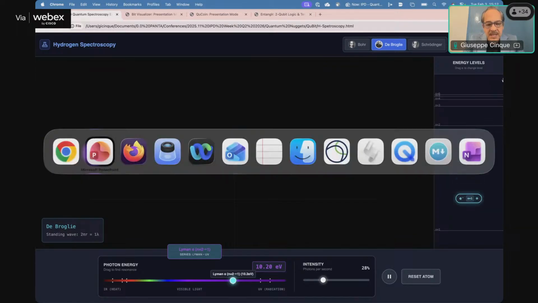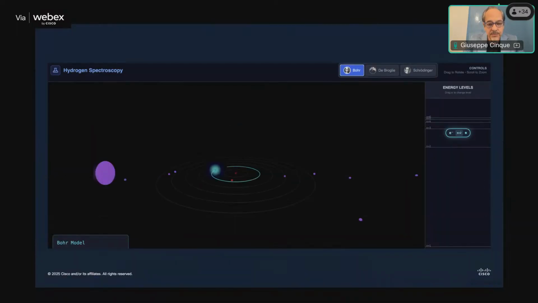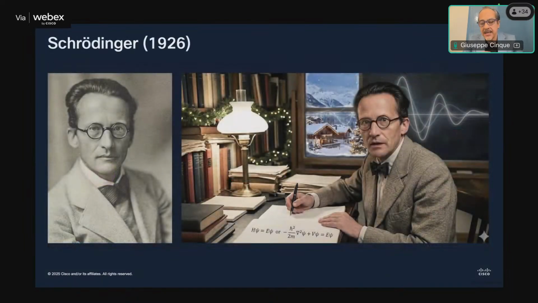It wasn't until exactly 100 years ago that one guy, an Austrian scientist, Erwin Schrödinger, took a holiday in the Austrian Alps. And during that holiday, he had this incredible moment of creativity. And 100 years ago, he published a paper that changed forever our understanding of nature.